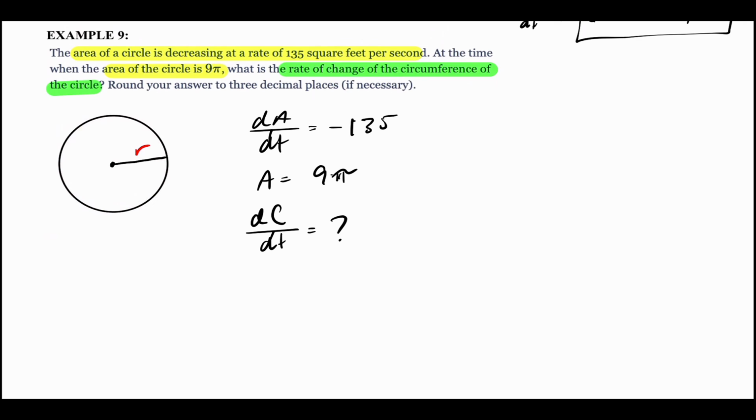Okay? So let's use the equation that relates. We have two equations here. Area of a circle is pi r squared. What's circumference of a circle? Just 2 pi r. 2 times pi times r.